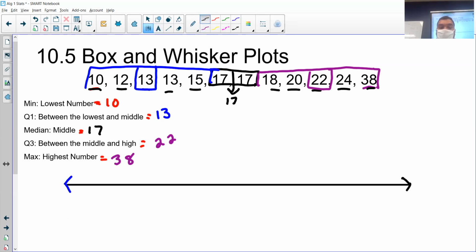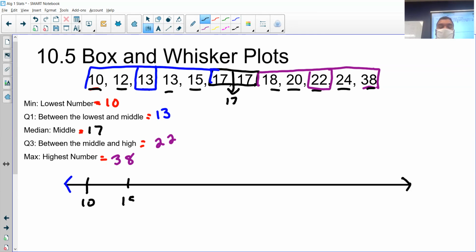Okay. What we have to make is, on the bottom here, a number line. Every number line should be consistently distant. So let's say, what is the smallest number here? 10. So if I'm going to put a 10 here, let's say we'll put 15.